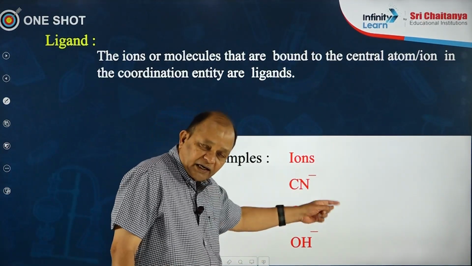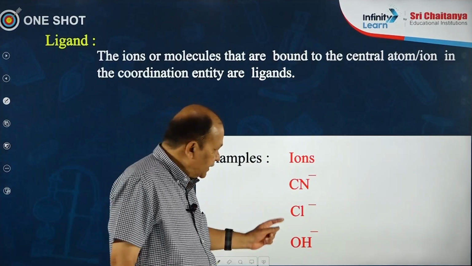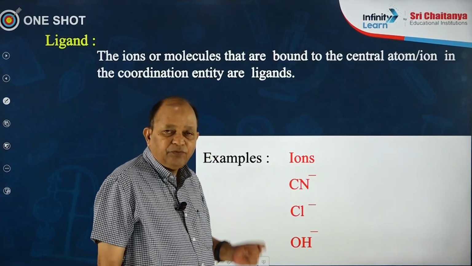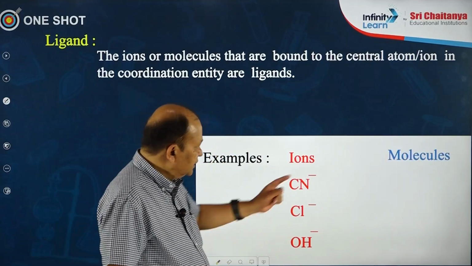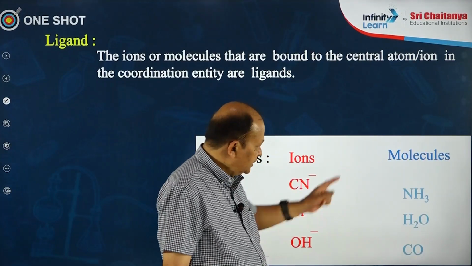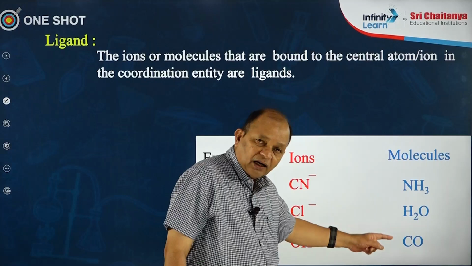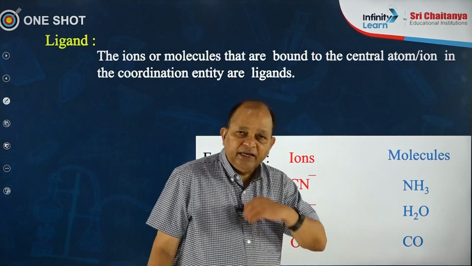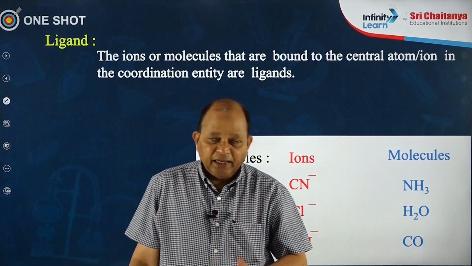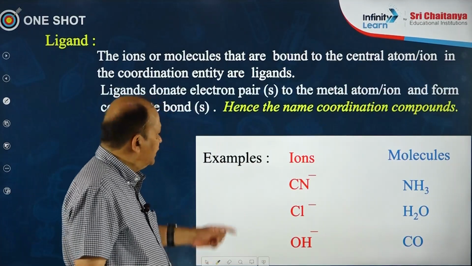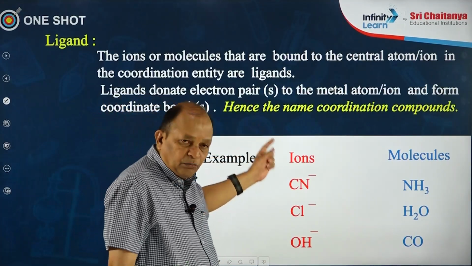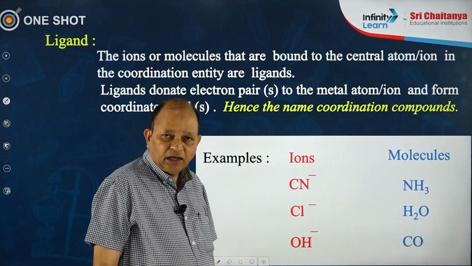They can donate an electron pair to the vacant d orbitals of the metal and form coordinate bonds. Or they can be molecules like ammonia, water or carbon monoxide. They donate an electron pair and form a coordinate covalent bond with the metal. Hence these compounds are called coordination compounds.